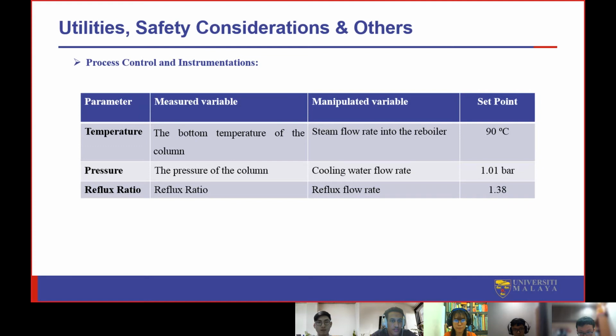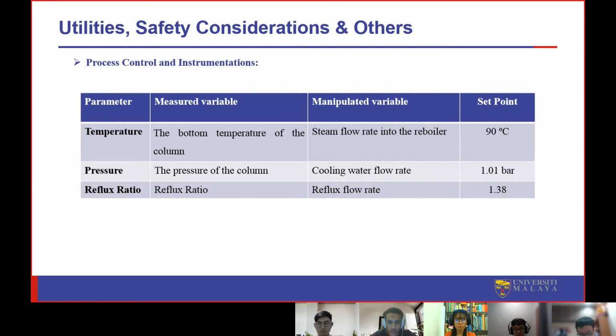Speaking of the process control and instrumentation, indeed there are many control loops that have to be considered when designing a distillation column, such as level control loops in the condenser, reflux drum, and reboiler, as well as the flow rate control loop in the feed stream.